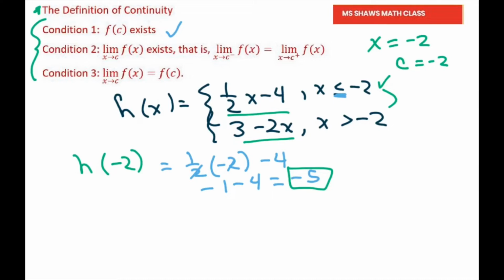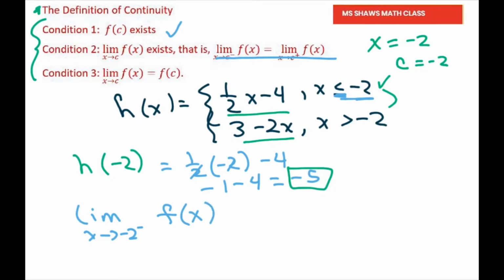Alright, now we have to see if the left and right hand side limits match. We're going to check the limit as x approaches -2 from the left. That means all numbers smaller than -2, like -3, -4, things like that.